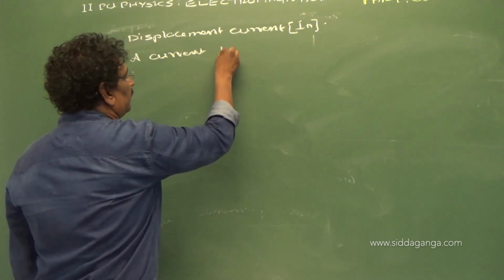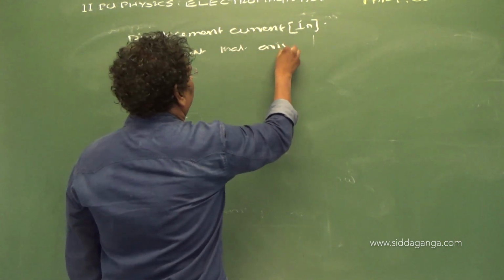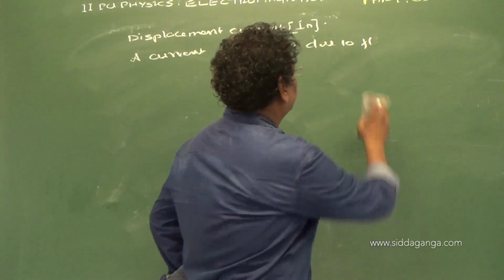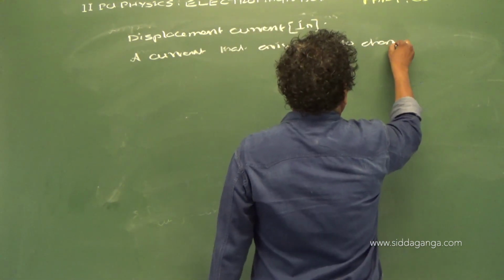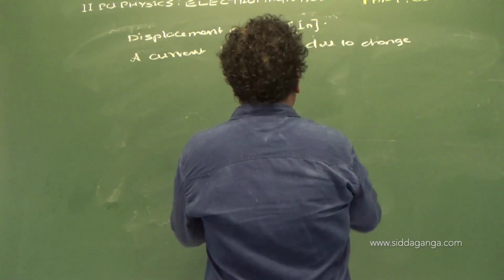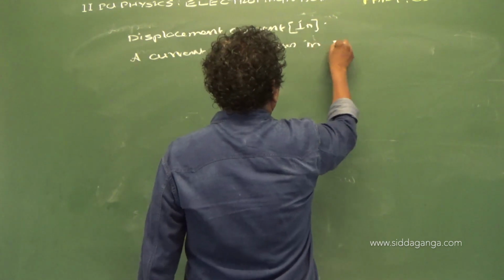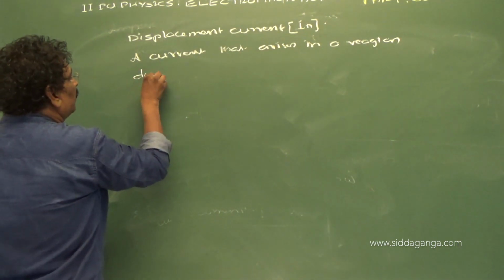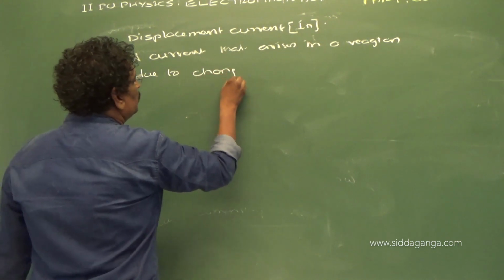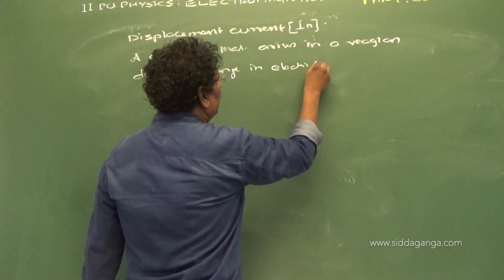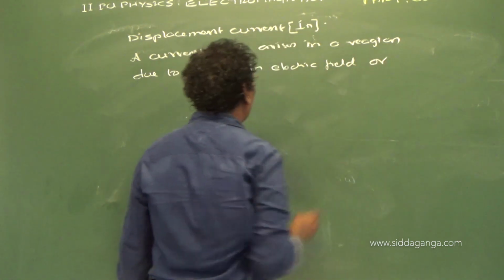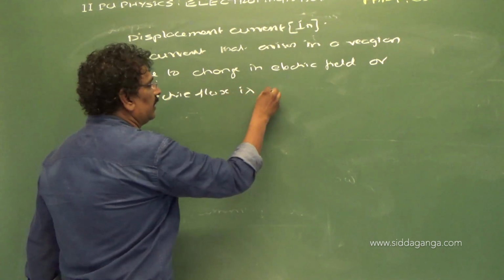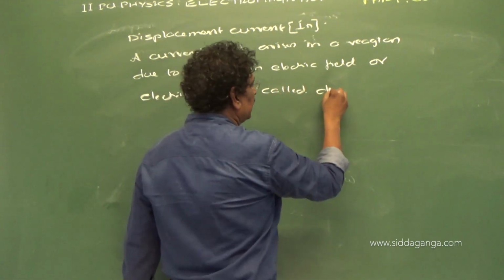A current that arises in a region due to change in electric field or electric flux is called displacement current.